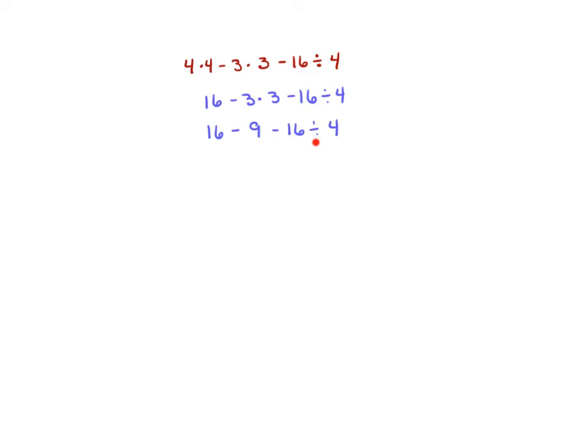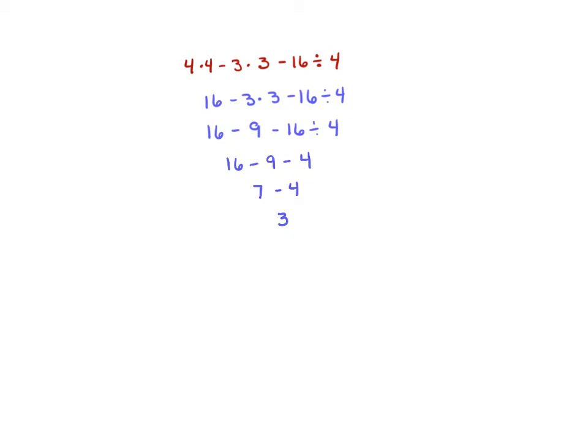Next I do this division. 16 divided by 4 is 4. Then I just keep going. 16 minus 9 is 7 minus 4. And then 7 minus 4 is 3.